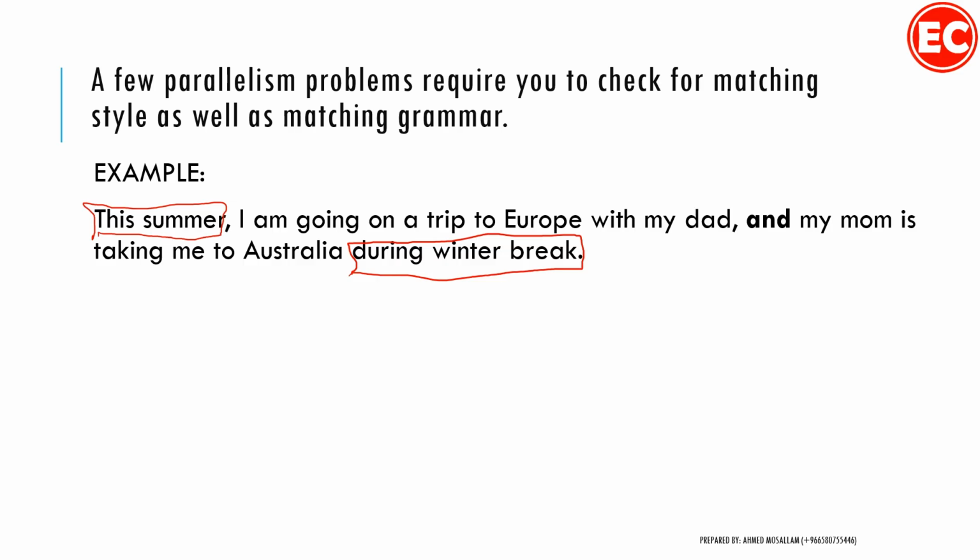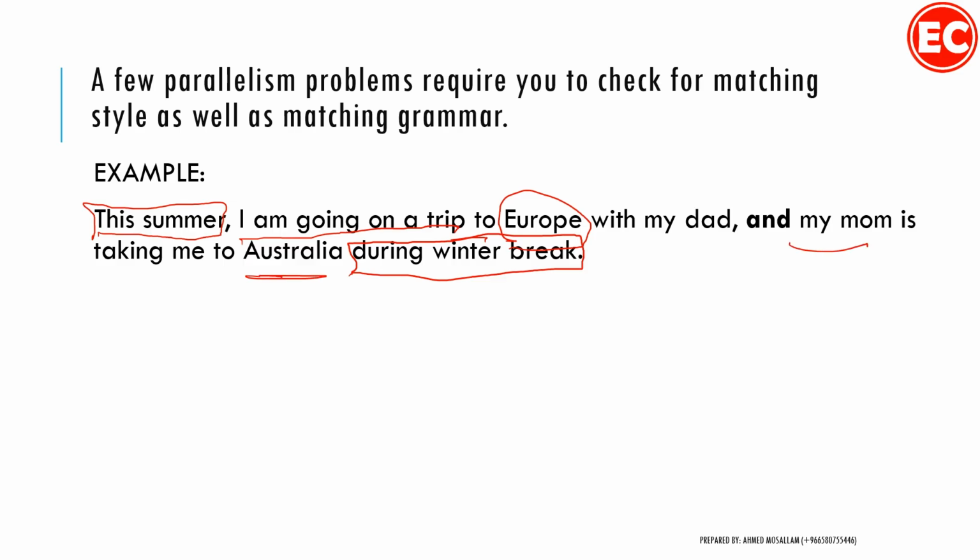Okay? So we have to rearrange one of the two sentences to match the other one. So let's keep the first one as it is and try to fix the second one the same way. This summer I'm going on a trip to Europe with my dad. So we're going to start with "during winter break," and then we'll say "I am going on a trip to," and then we'll change Europe to Australia with my mom.